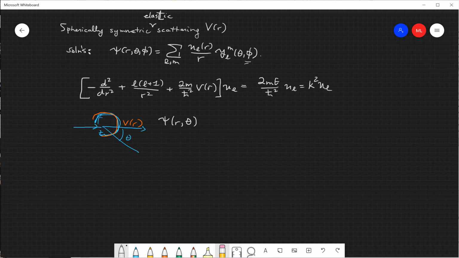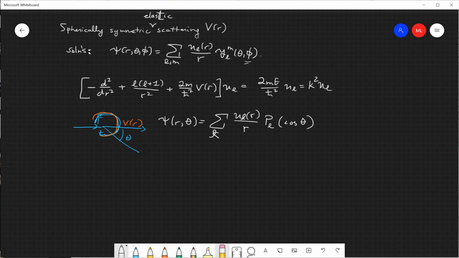So this we can write as a sum over l. If we just keep the portion of the spherical harmonic that depends on theta and not phi, we'll be left with these guys, the Legendre polynomials P_l of cosine theta. So that specifies our solution a little bit better.